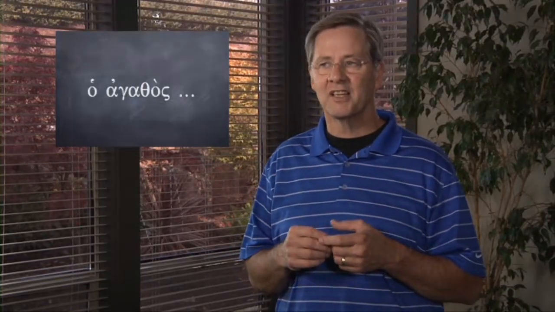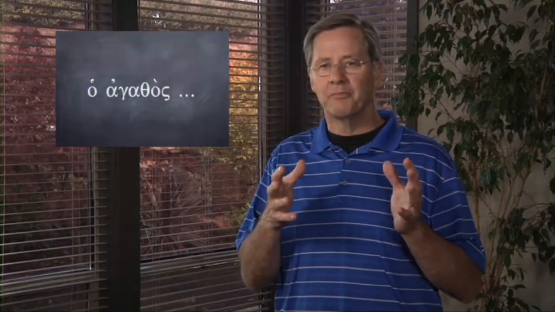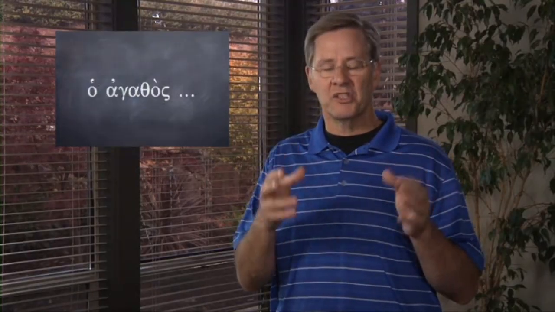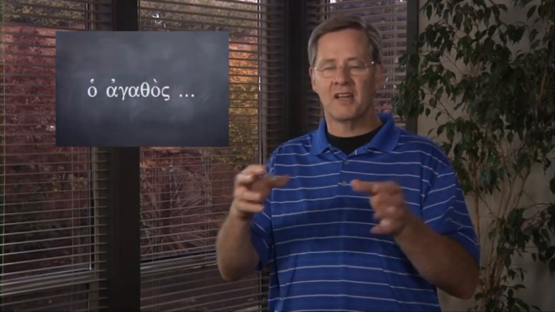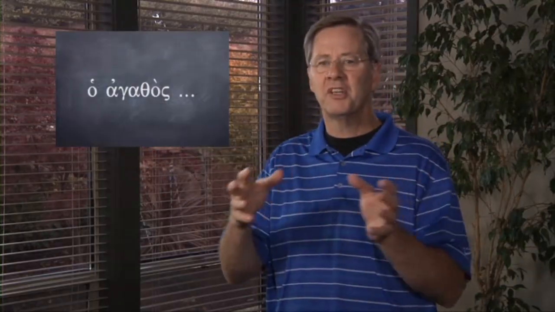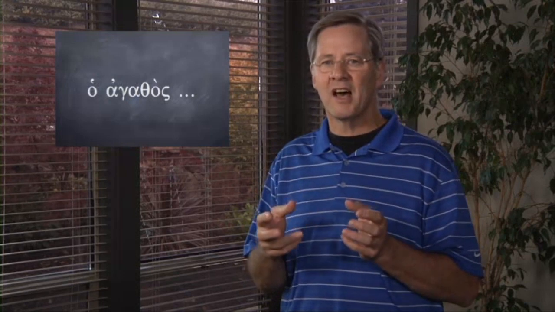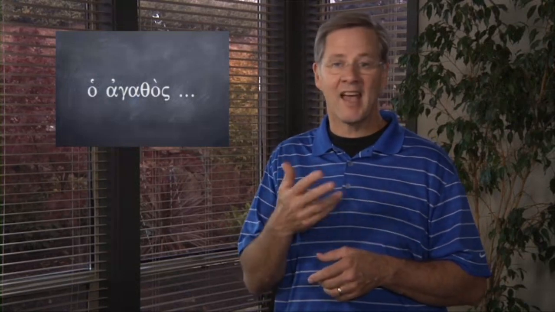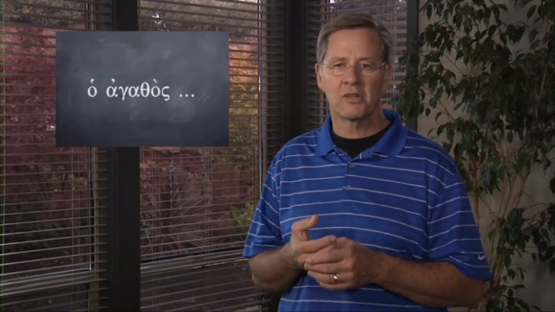It's functioning as a substantive. So if you just saw agathos, you would translate it 'the good,' and go on with your sentence. 'The good is.' And again, you look at that and ask, is that English or not? If it's not good English, you may need to add in a word, and that's generally okay with most teachers.